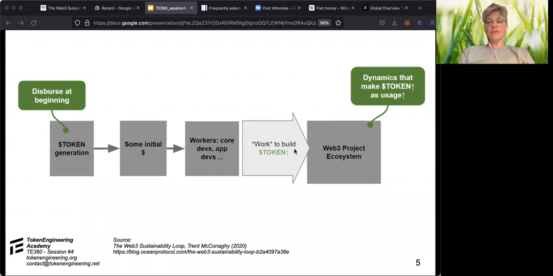Then the aim, of course, is to grow the token value. And to help this, the dynamics should be designed for the value of the token to increase as usage goes up. The founding team sustains itself by selling down more tokens for fiat over time as they do work to improve the product.